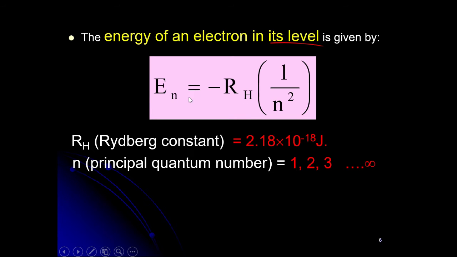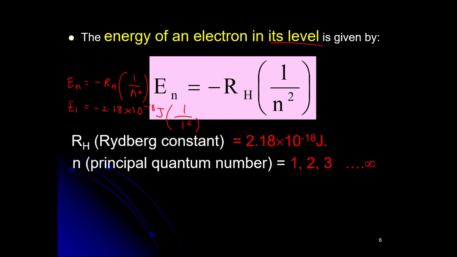Let's say you want to calculate the energy of an electron at energy level 1. First write the equation En equals negative RH times 1 over n squared, where n is the principal quantum number. So at E1, it is negative 2.18 times 10 to the power of negative 18 joule times 1 over 1 squared.